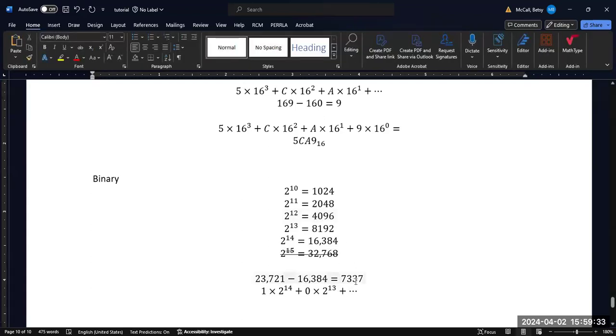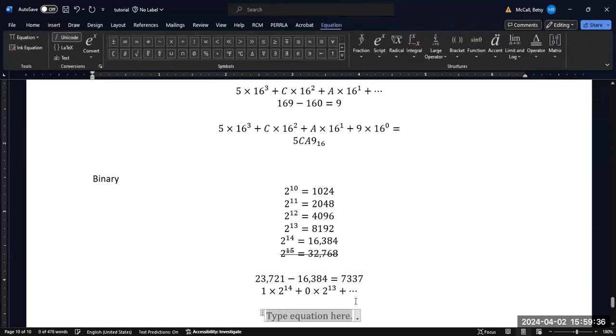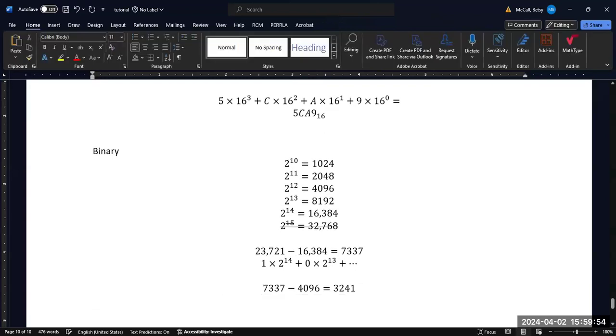So now I can keep going. The 4,096 does go into this. So again, I'm just going to subtract because it can either be 1 copy or 0 copies. 7,337 minus 4,096 is going to give me 3,241. So that's going to give me a 1 for 2 to the 12th.